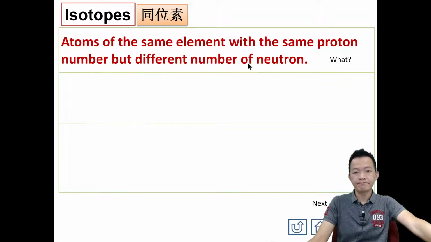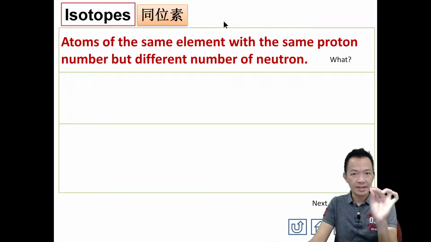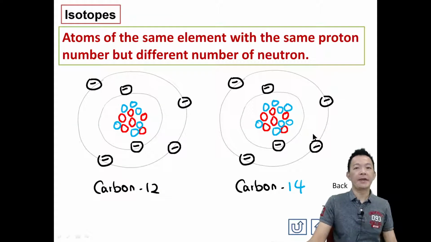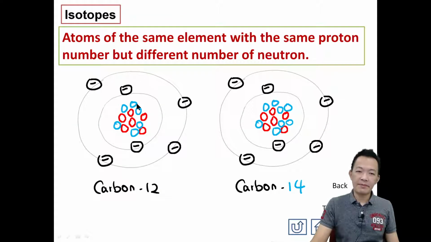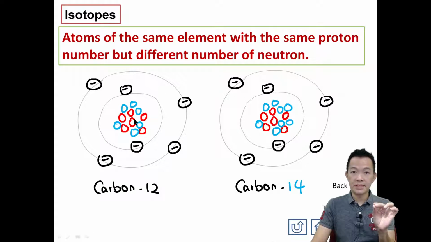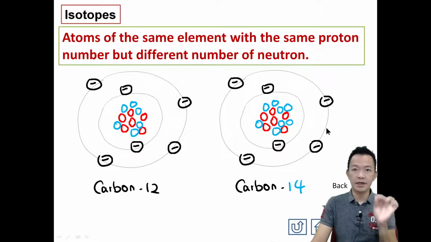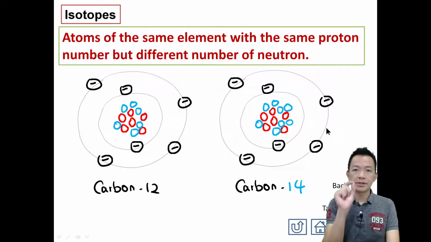Okay, let me tell you more about isotopes. Isotopes have the same number of protons, 6 and 6. Because the number of protons must be the same as the number of electrons, 6 protons and 6 electrons. Still remember, electrons determine the chemical properties of the atom.